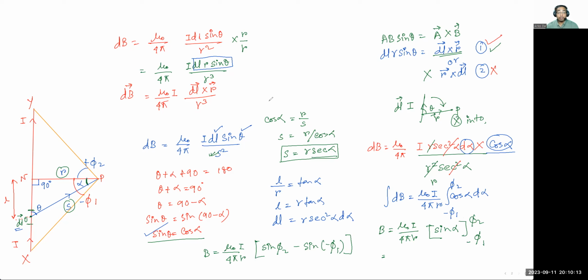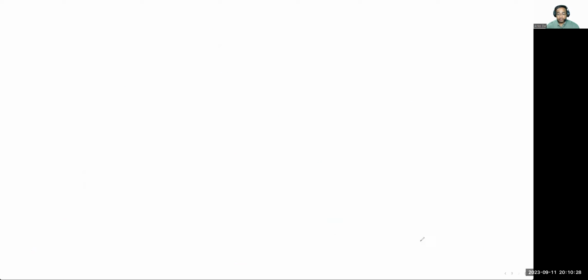Minus of sine of minus phi 1. Yes, the minus is going to come out and get multiplied with the minus over here, and it's going to be plus. So the magnetic field due to the straight long conducting wire is mu naught I divided by 4 pi r, sine phi 1 plus sine phi 2. Both of them are going to be plus like that.